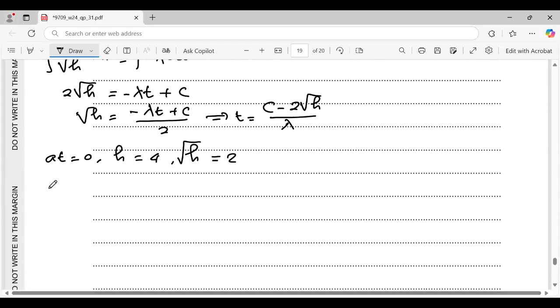Now t equals c minus 2 square root h over lambda, and t equals 0.